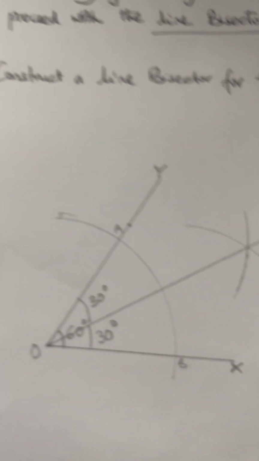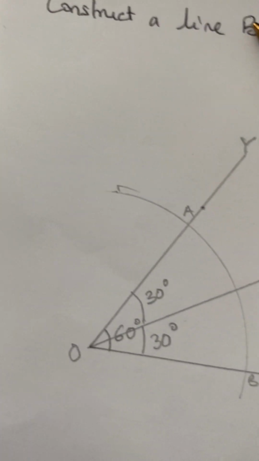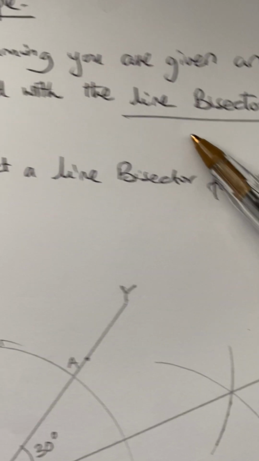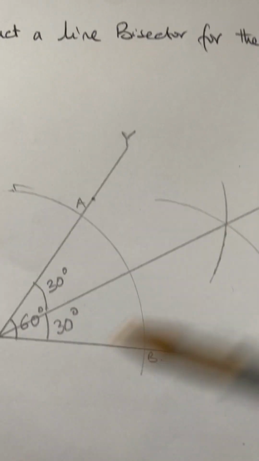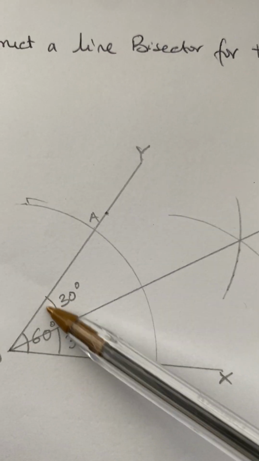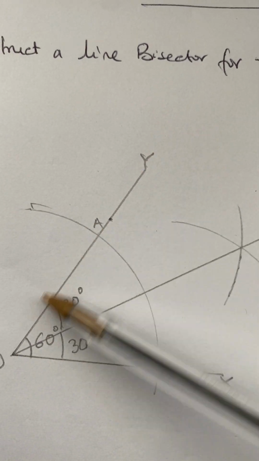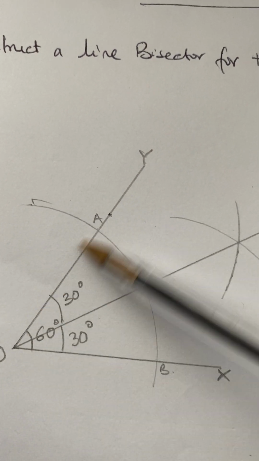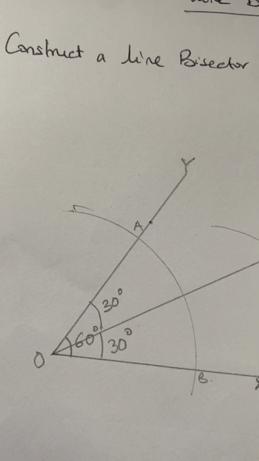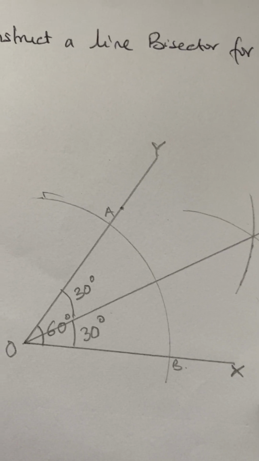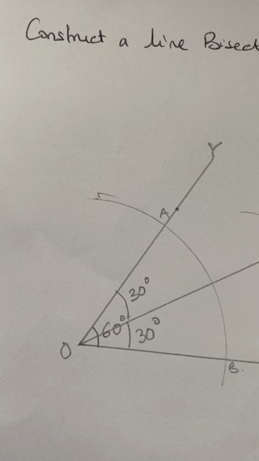Assuming you were given an angle, how do you proceed with a bisector? So I have an angle 60 degrees, but I haven't been given any measurement of OY and OX. So how do I do that?